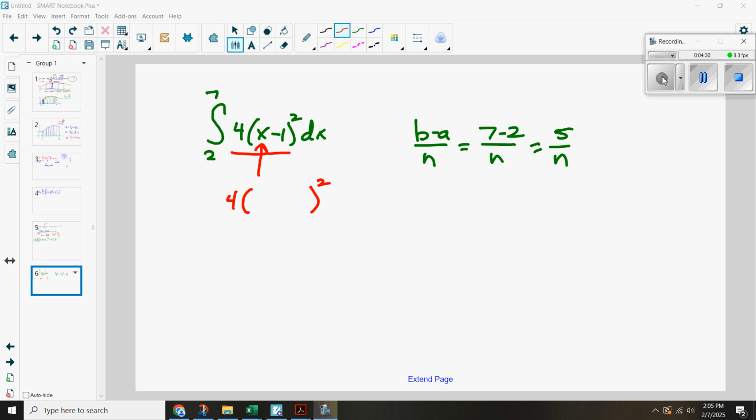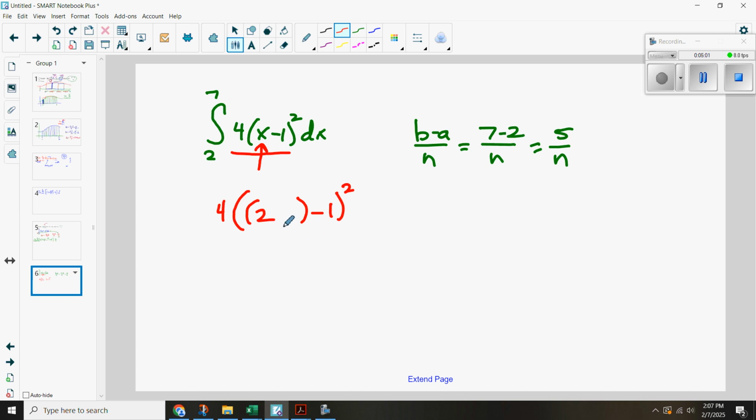Actually, let me take that back for just a second here. My x, I'm subtracting 1 from my x, then I'm squaring it and multiplying by 4. Where does my x start? My x starts at 2.